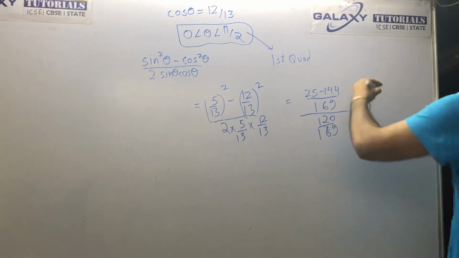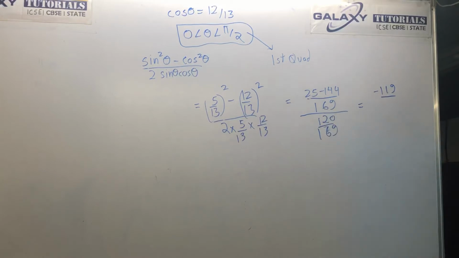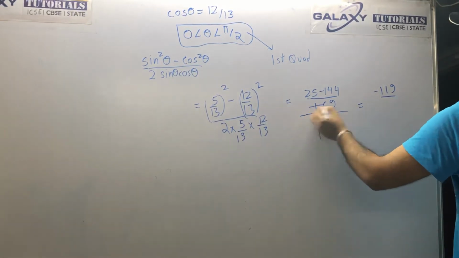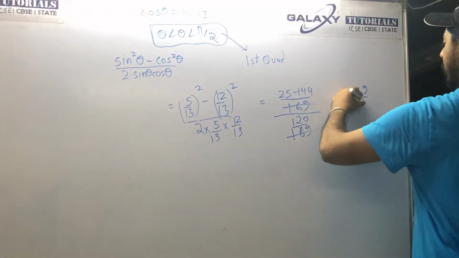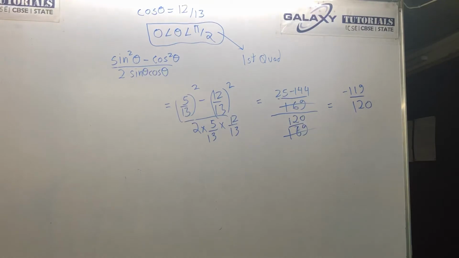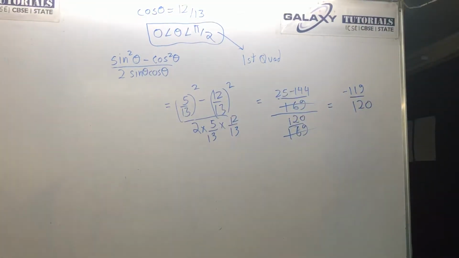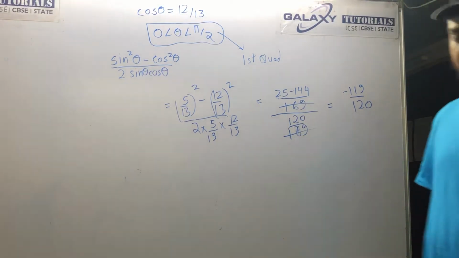It is minus 119, upon 169, 169 was cancelled here, upon 120. So this is the value of this function, sin square theta minus cos square theta upon 2 sin theta cos theta. Okay, now let's go to the next part.